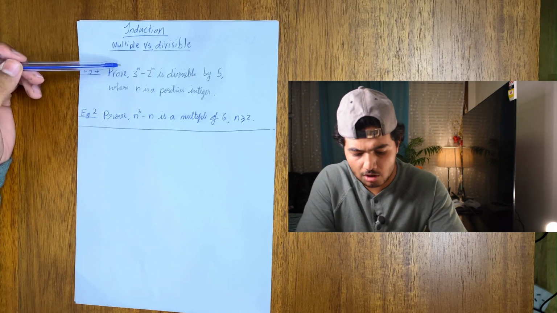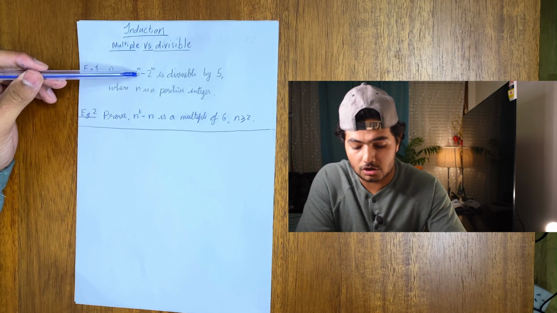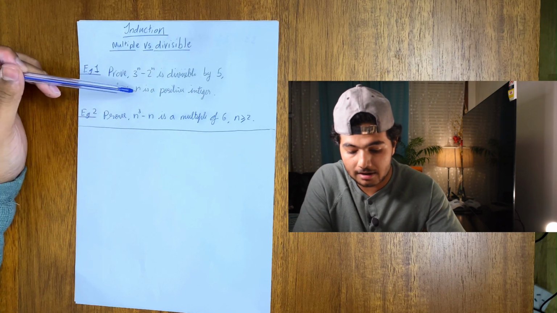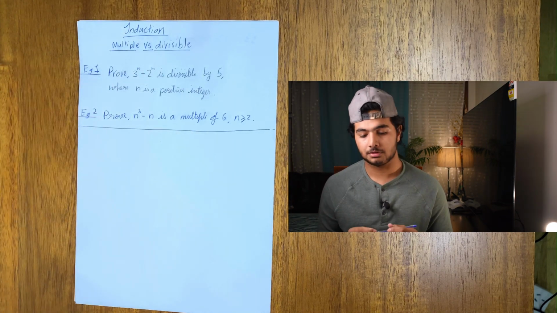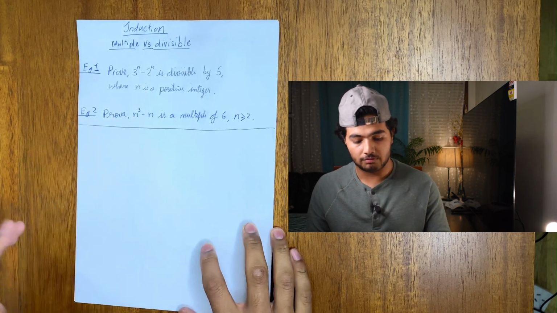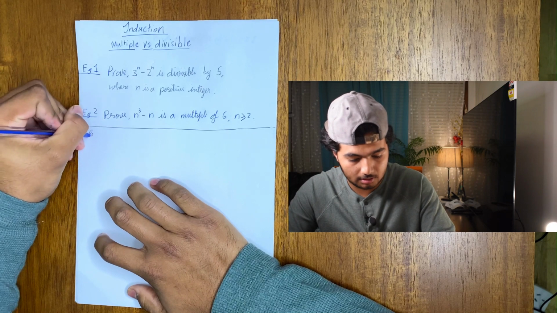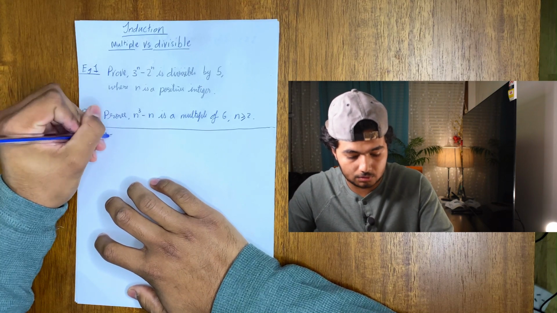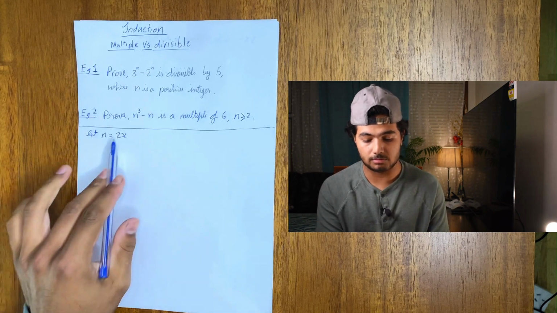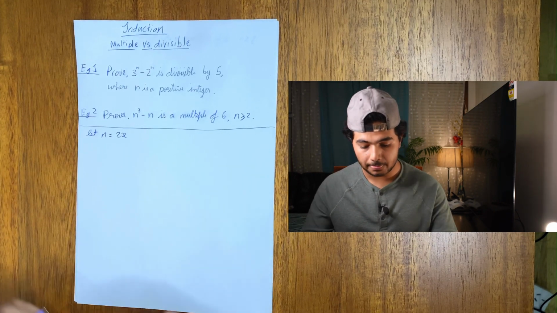It says prove 3 to the power of n minus 2 to the power of n is divisible by 5, where n is a positive integer. First thing I would do is let n equal 2x. Since n is a positive integer, multiplying by 2 always keeps it positive.